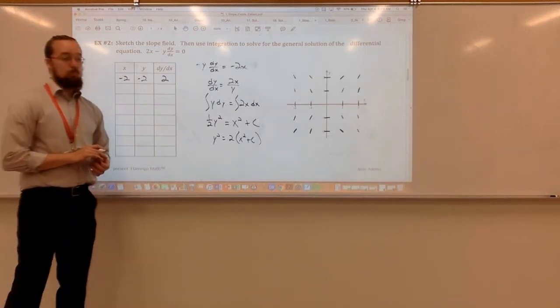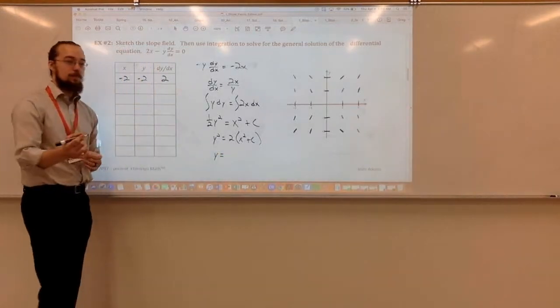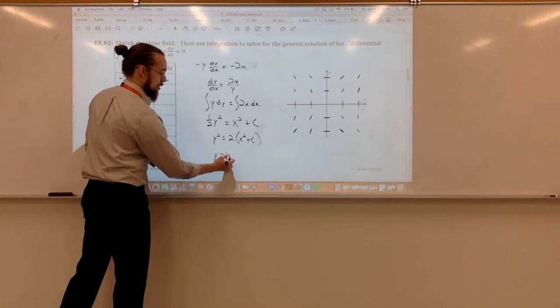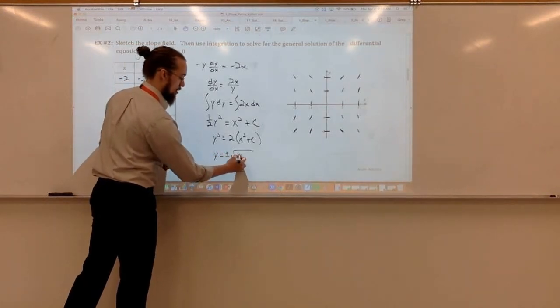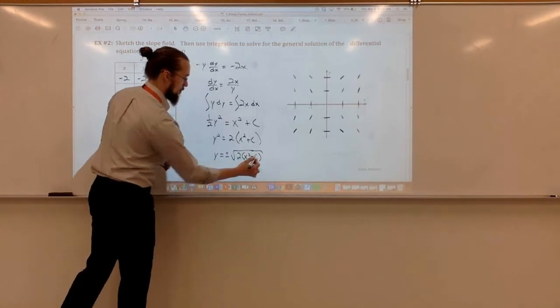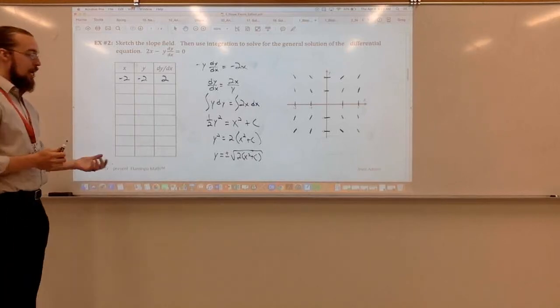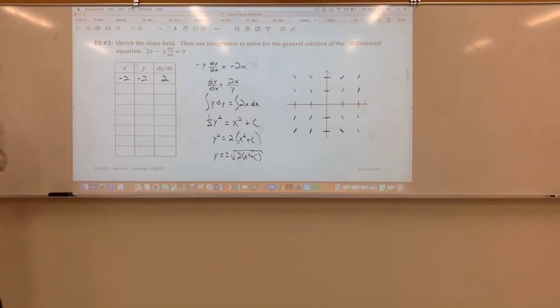Then take the square root, and don't forget the plus or minus. So we would get y equals plus or minus the square root of 2 times x squared plus c.